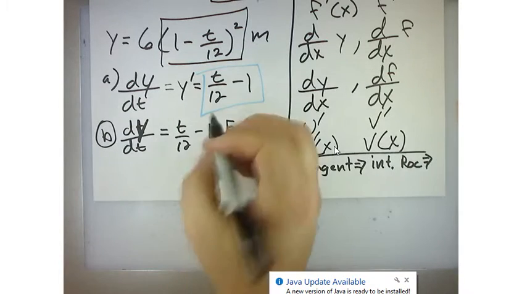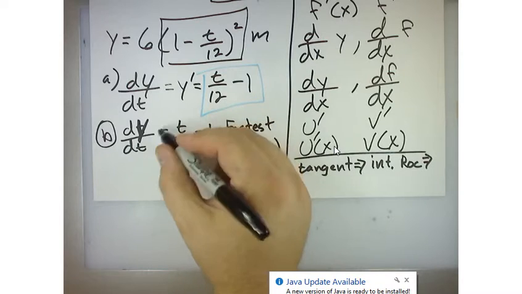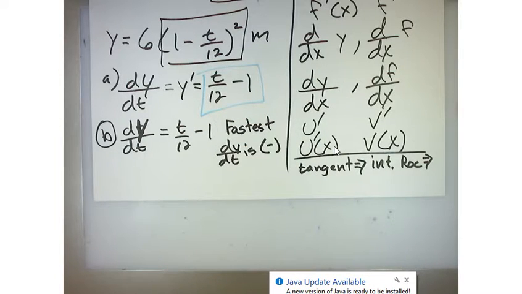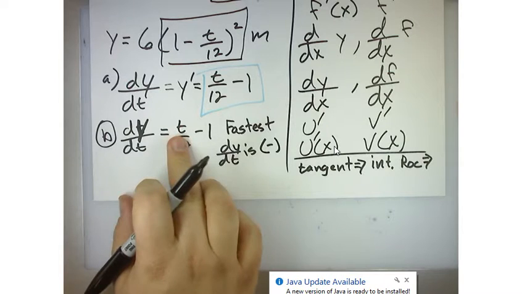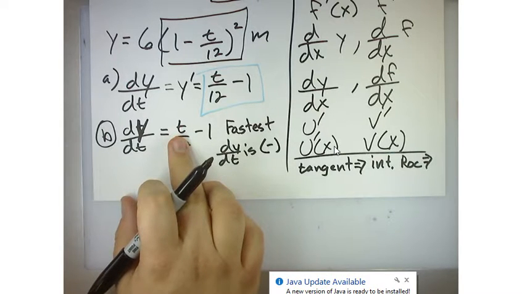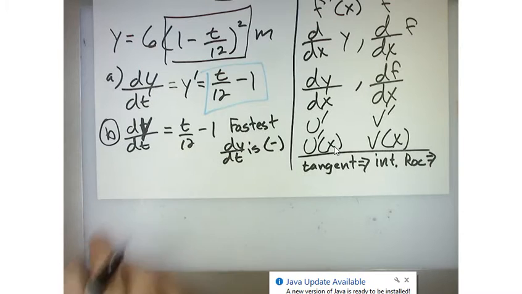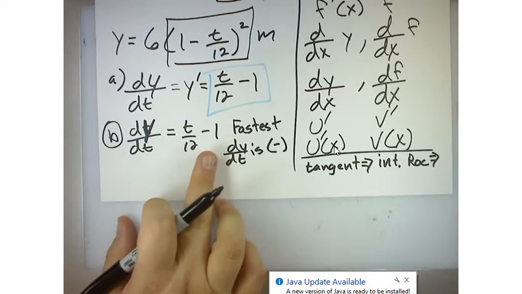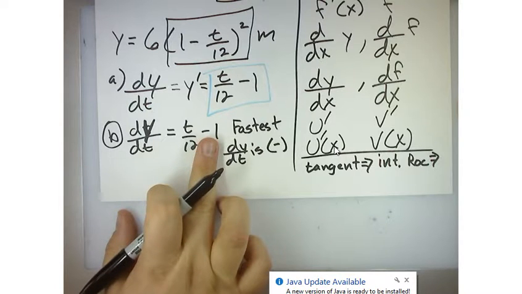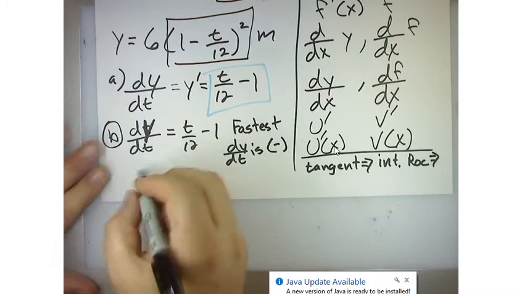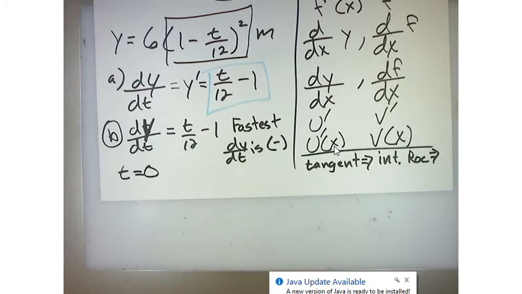So if I let t equal 0, what is dy/dt? -1. If I let it become 1 second later, I've got 1 over 12 minus 1. What's that? It's more than -1, right? Because I'm adding something to it. So as time increases, dy/dt has its lowest value when t equals 0.